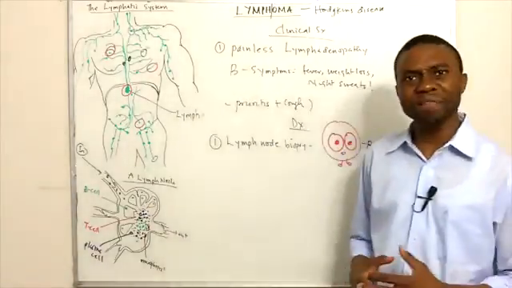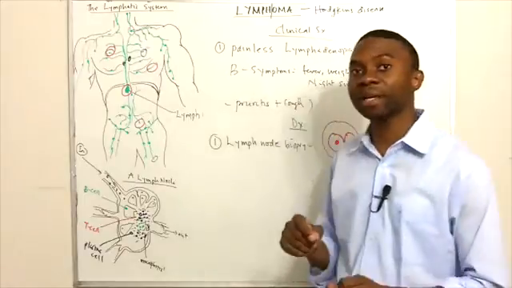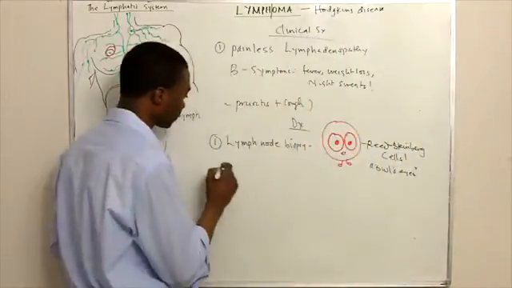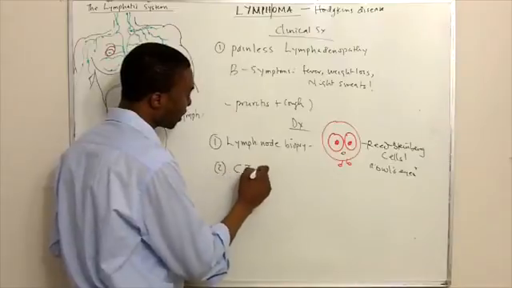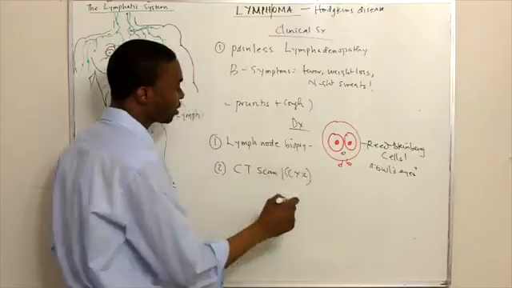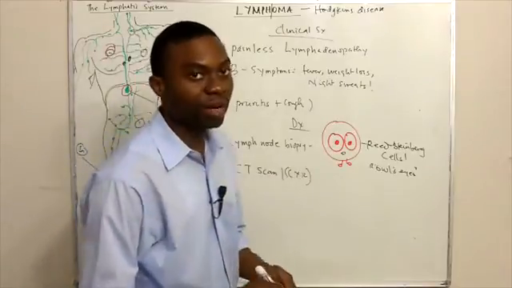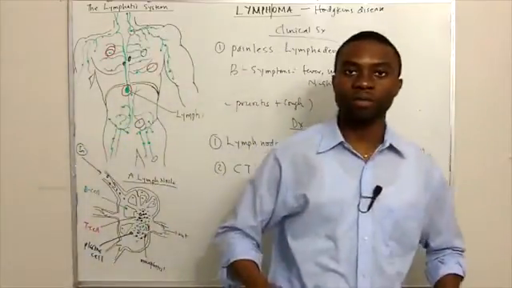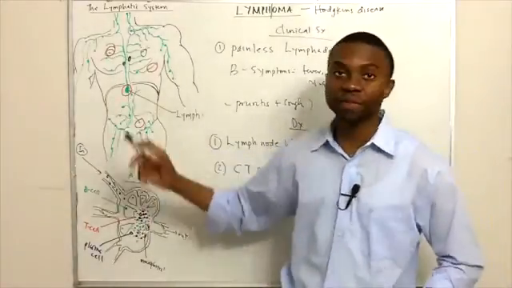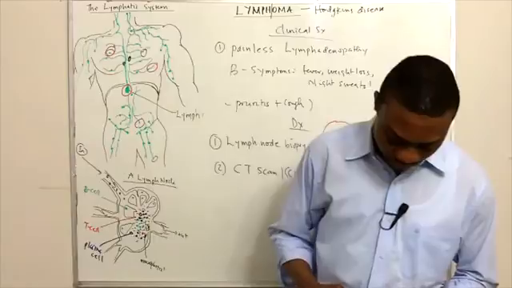Well, how can I see a lymph node without taking a needle and taking a bite? We can do a chest x-ray or a CT scan. If we don't see anything on chest x-ray, you want to do a CT scan of the chest, abdomen, and pelvis in order to be able to see the swollen lymph nodes inside the body.